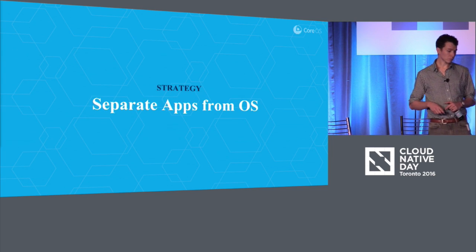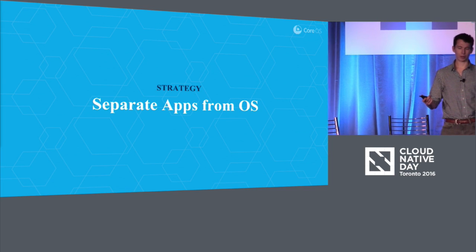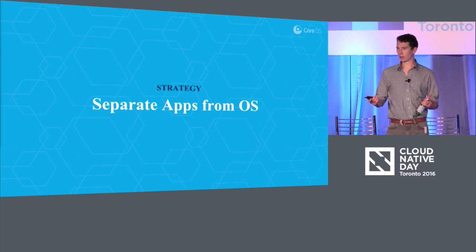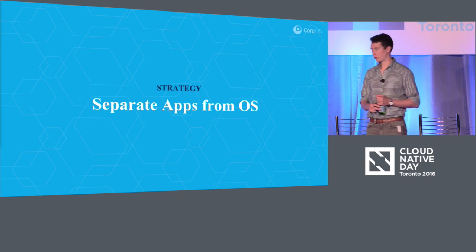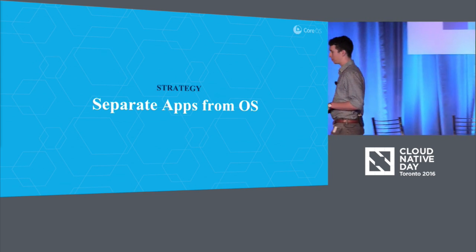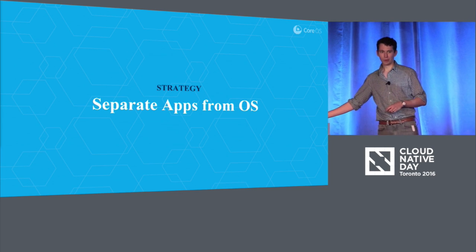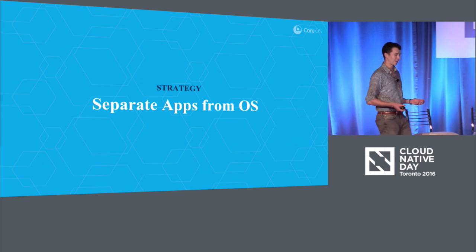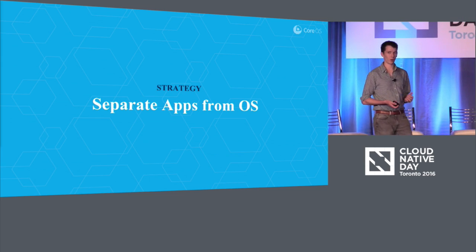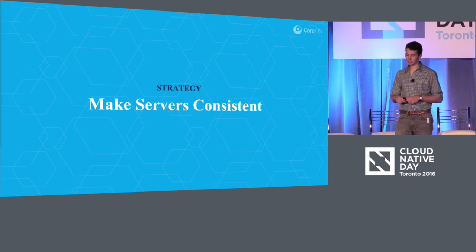mission. And there are a few strategies in this whole cloud native thing that we feel are important in order to accomplish this mission. The first is the separation between applications and the operating system. Of course, everyone who is interested in the term cloud native has already heard of containers, and this is the mechanism that allows us to do this.